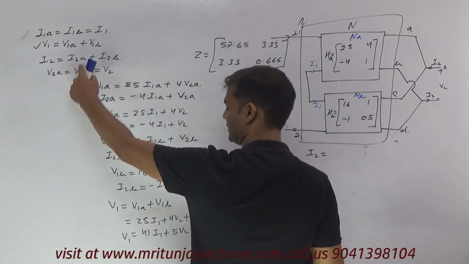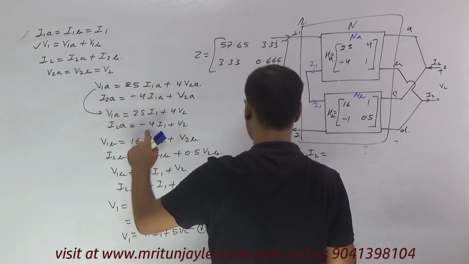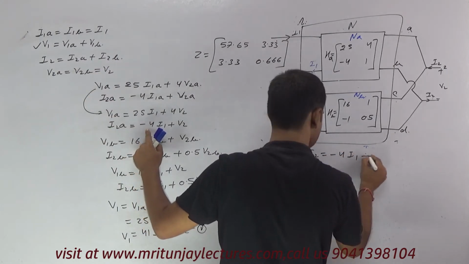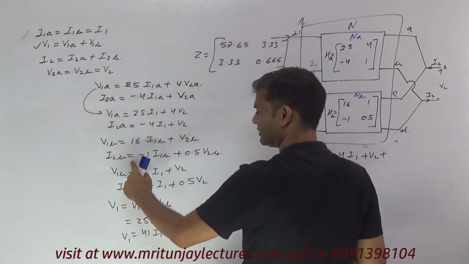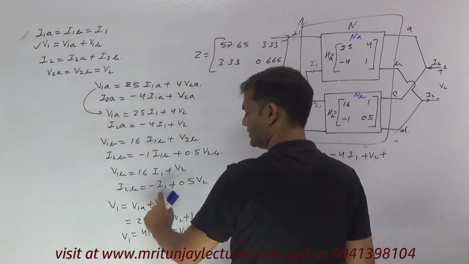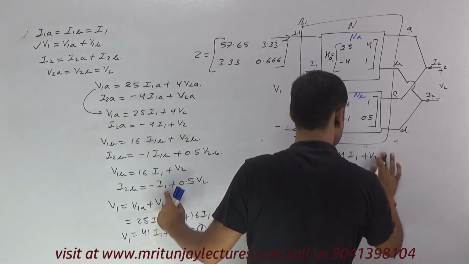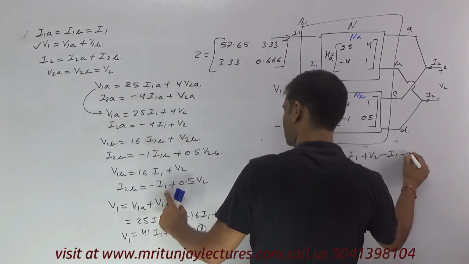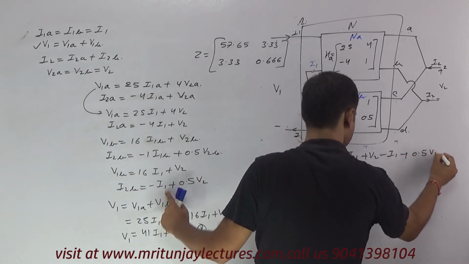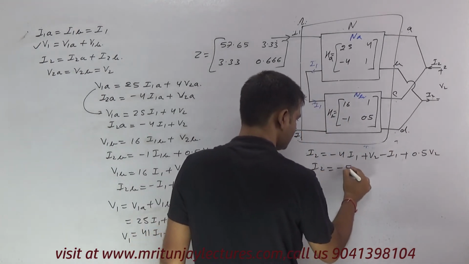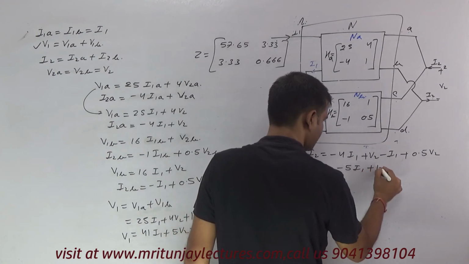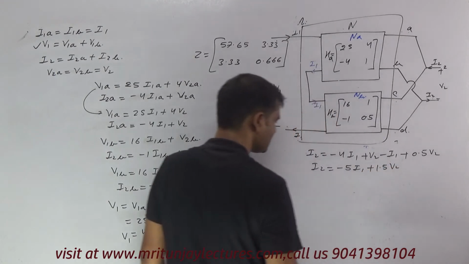I2 is I2A plus I2B. I2A is minus 4 I1 plus V2, and I2B is minus I1 plus 0.5 V2. Okay, so I2 will be equal to minus 5 I1 plus 1.5 V2.